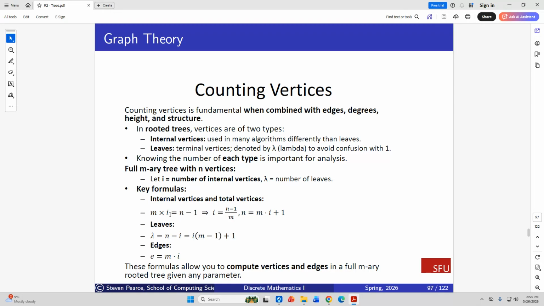You solve for I, you get this formula here. That's for internal vertices. For leaves, lambda equals this formula if you just turn this around. Edges, E equals m times I, okay? These formulas allow us to compute vertices and edges in a full, say, binary tree, for example.